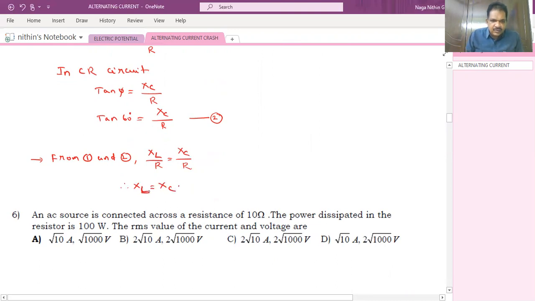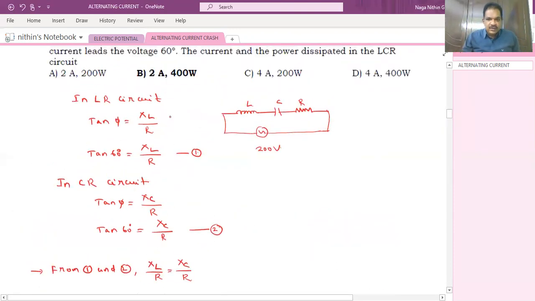XL is equal to XC means the circuit will be at resonance. Okay. Therefore, the circuit is at resonance.